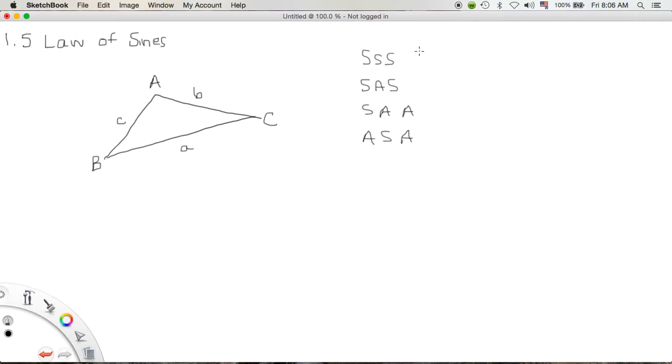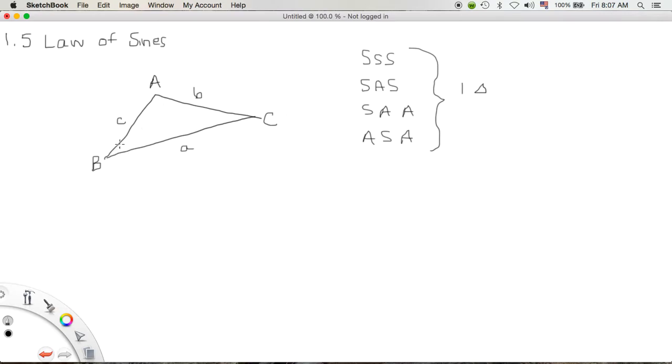We said that this was going to give us one triangle. If we knew that the three sides were congruent, then we would have one triangle that was congruent. And the side with the angle between the sides, so if we had side B, then angle A, and then side C, the ones between it, then we would have a matching triangle.